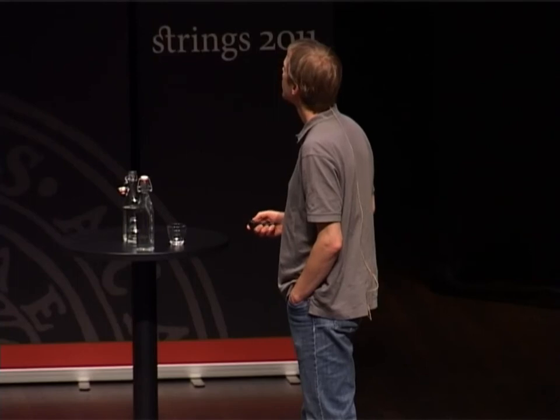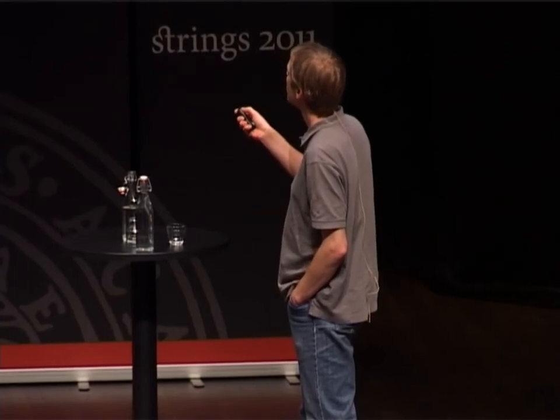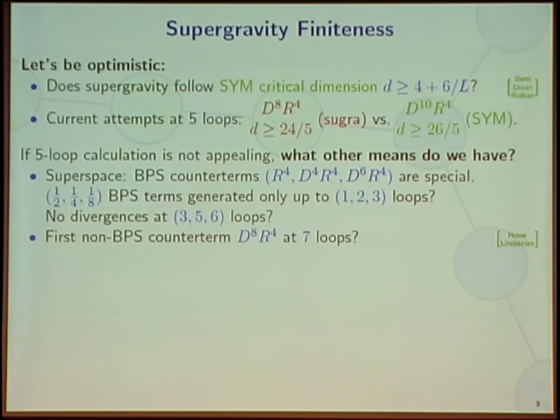These two numbers. Well, the question is whether at 5 loops one finds this or that, with a divergence. Finiteness corresponds to the one on the right. And although the 7-loop calculation won't be done soon, that calculation might be done soon. If you had any insight to offer about what answer.